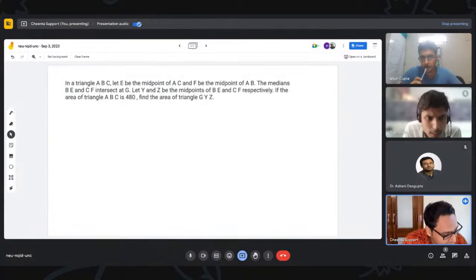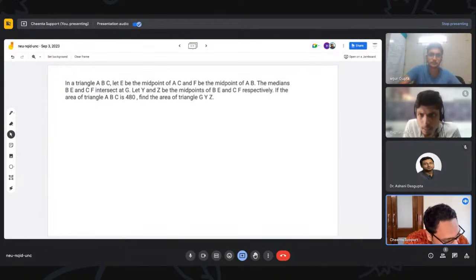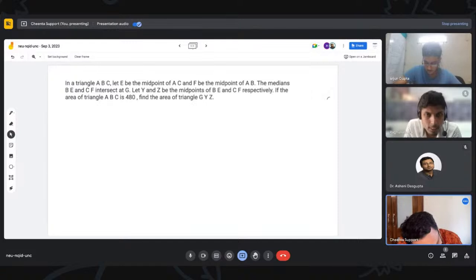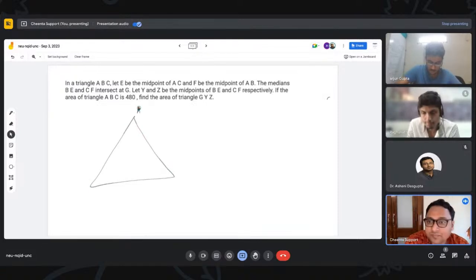So this is question number 5 from the IOQM this year, and what it says is that in a triangle ABC, so let me draw a triangle. ABC is a triangle.